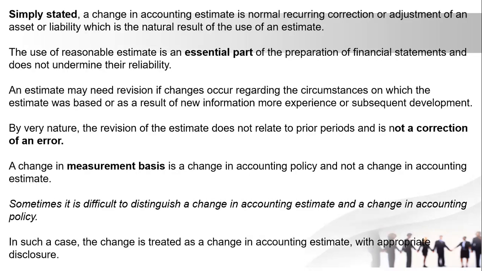Simply stated, a change in accounting estimate is a normal recurring correction or adjustment of an asset or liability, which is the natural result of the use of an estimate.